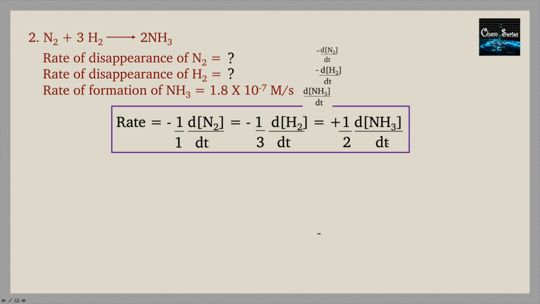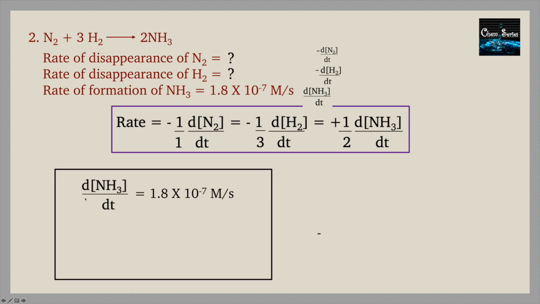Plus 1 by 2 dNH3 by dt, you can calculate. So this is given. So to calculate rate, we are dividing it by 2. So you get the rate of the reaction. So rate of the reaction is also equal to minus 1 by 1 dN2 by dt, minus 1 by 3 dH2 by dt.